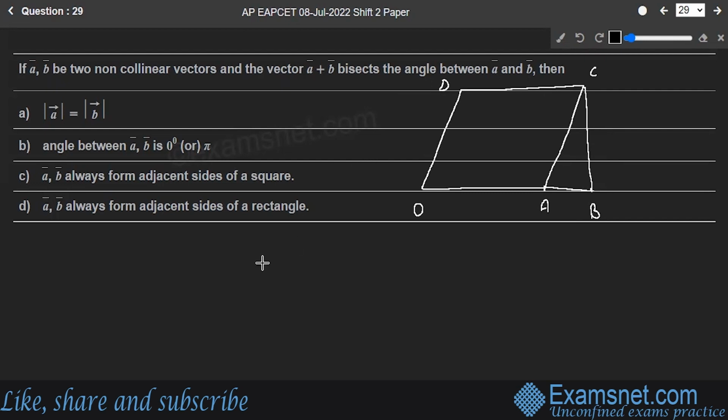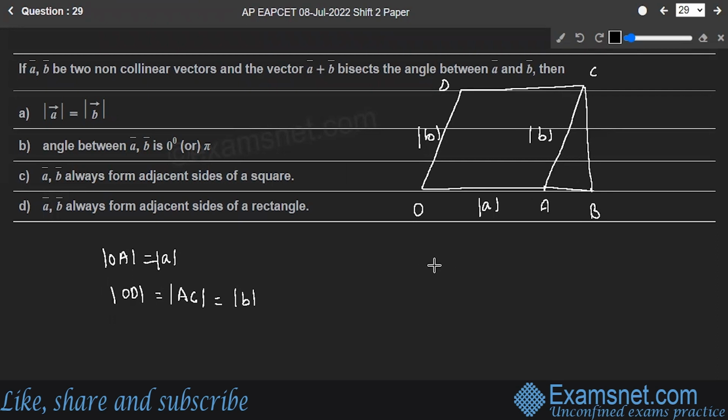So here OA is the A vector, and this OD is B, right? And similarly, this is also B, right? Let's write down OD is equal to AC is equal to P vector, modulus of P vector. So I hope this is clear to you.